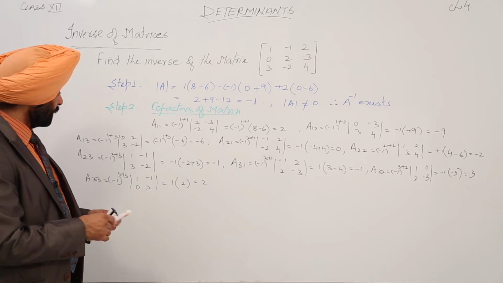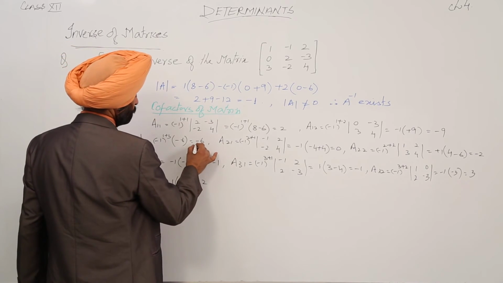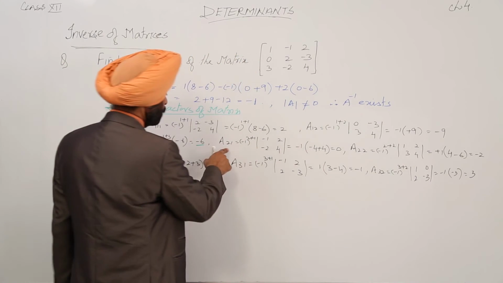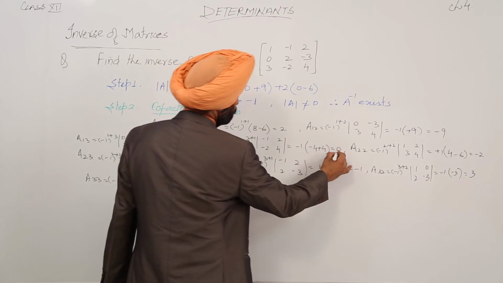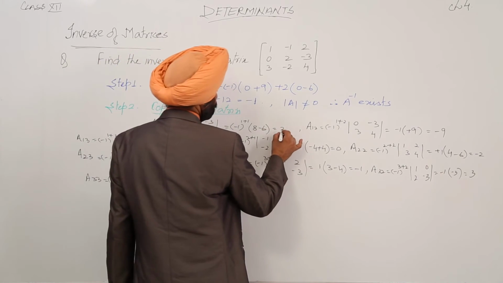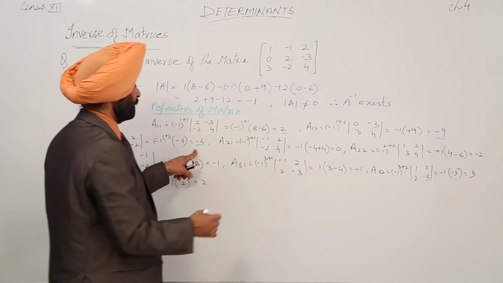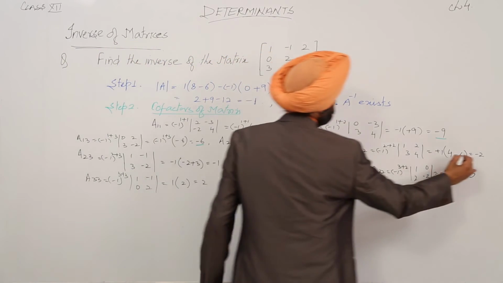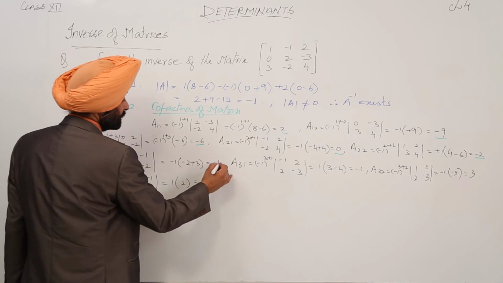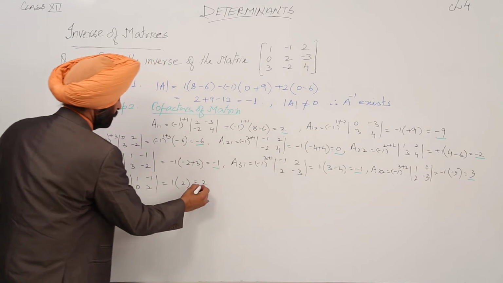Let's check it. 9 cofactors. Number 1, minus 6. A13, sorry, I have started from here. Okay, first of all 2. 1, 2, then 3, 4, 5, then 6, 7, 8 and 9.